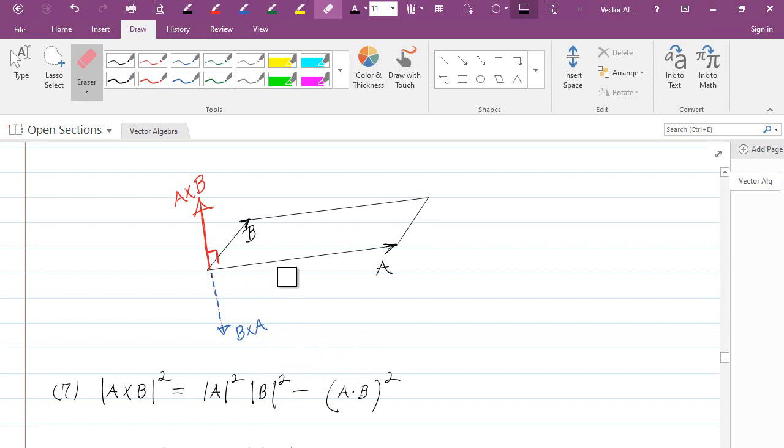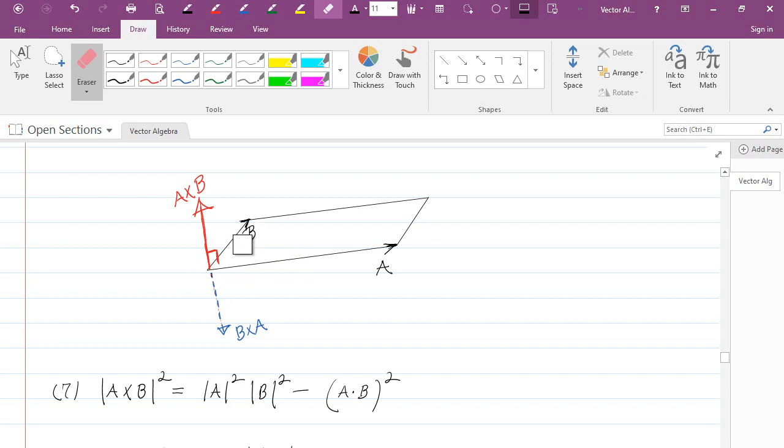Okay, so what's the direction of a cross b compared to a and b? Well, we have to apply the right-hand rule to figure out the direction for a cross b. To find the direction of a cross b, we put our right-hand wrist at the common tail of a and b, and then our fingers should be extended along a, and then we should curl our fingers toward b.